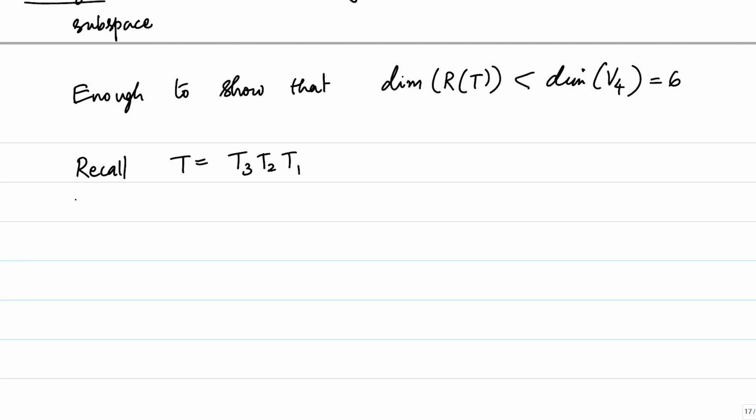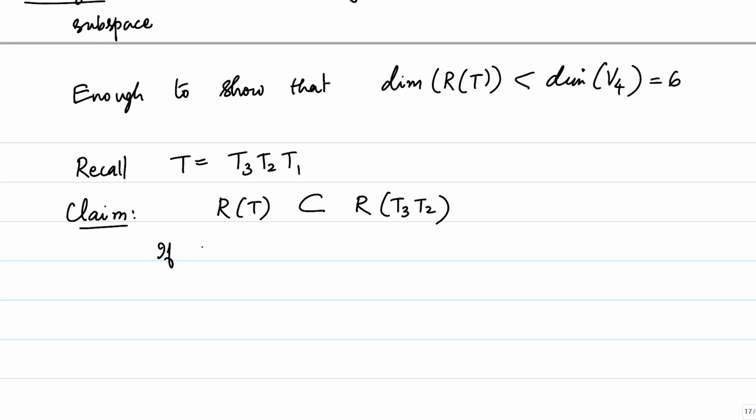And so let me make a claim. R of T is contained in R of T3, T2. That's not a difficult claim to prove.